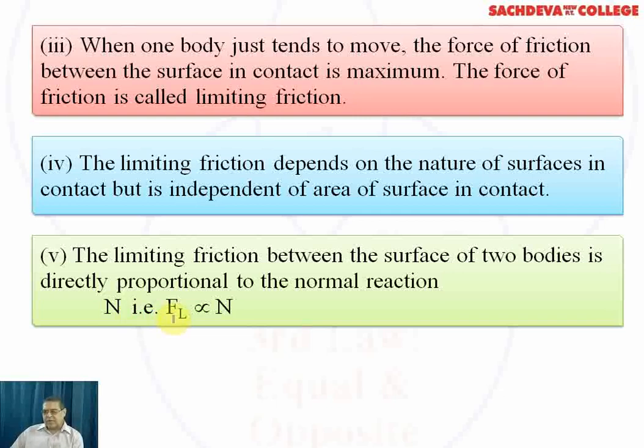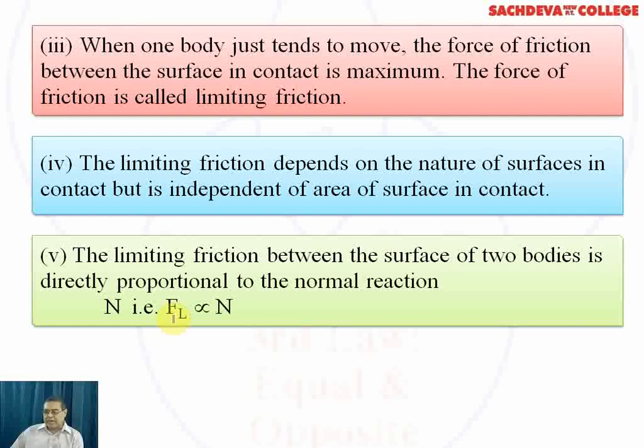So when the block is placed on the surface, the downward force is the weight and the surface exerts a reaction that is called normal reaction. And the friction between the two surfaces, that is the block and the surface on which the body is kept, is called the force of limiting friction.